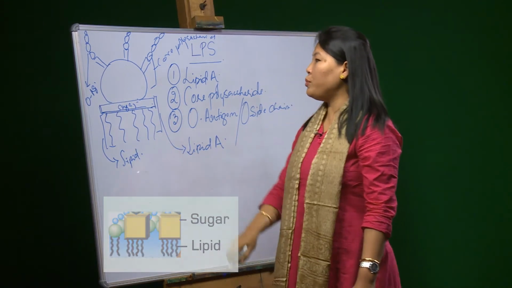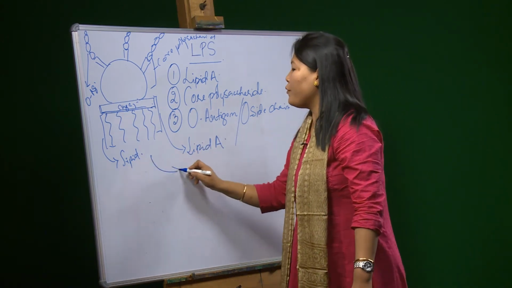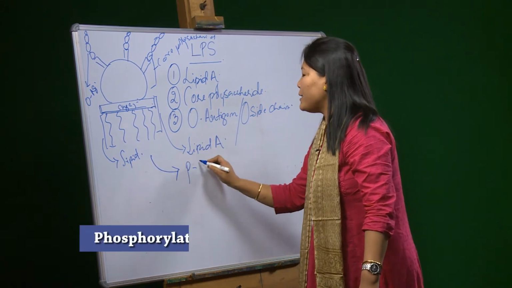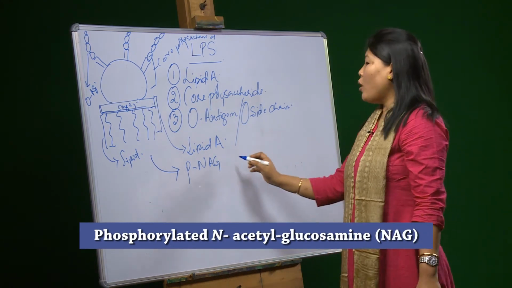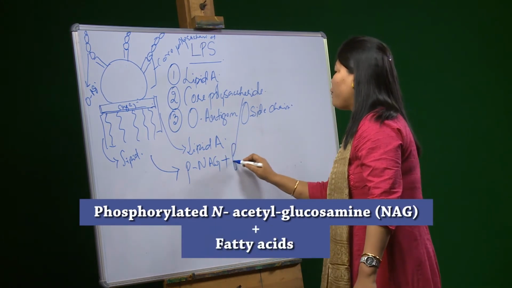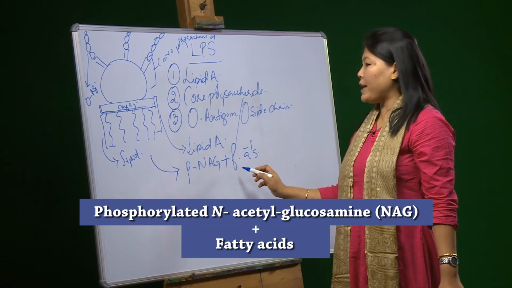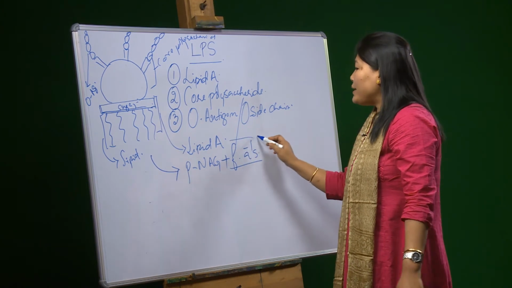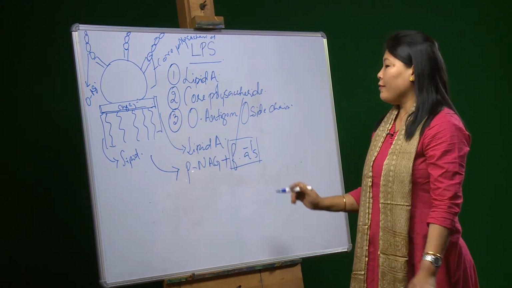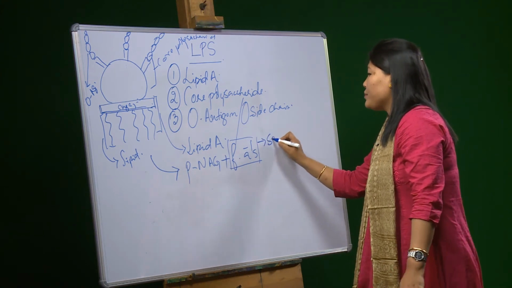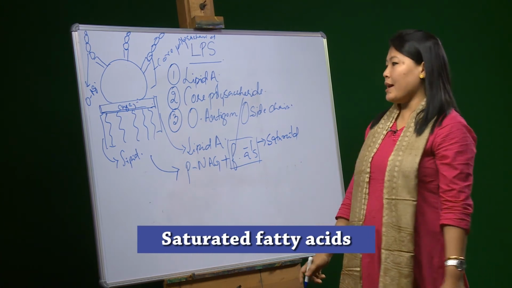When we come to the composition of lipid A, it is composed of phosphorylated N-acetyl glucosamine along with the fatty acids. All the fatty acids present in the gram-negative membrane are saturated fatty acids.